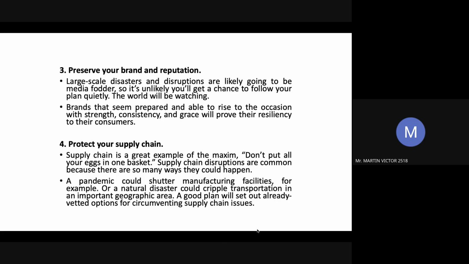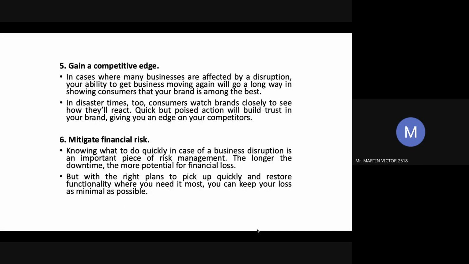Though any disaster has happened, we can still preserve the brand that has already been created, provided a solid BCP, business continuity plan, is implemented. Then we can protect the complete supply chain process, gain a competitive edge, and finally, mitigate financial risk.